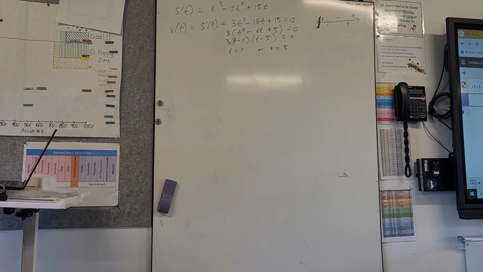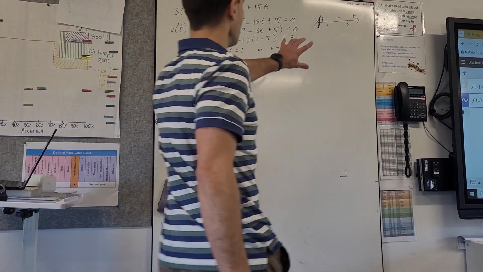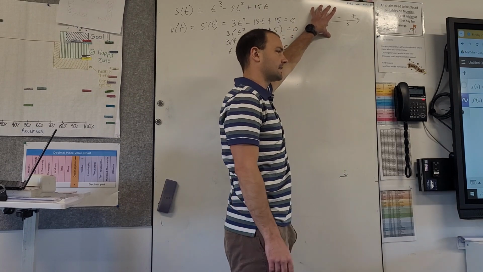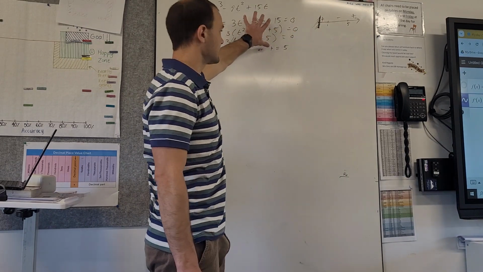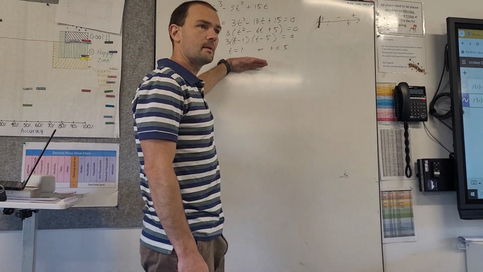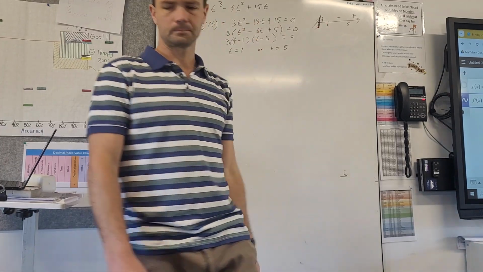Remember, you can use your calculator to graph f dash of x. Okay, you can use your calculator to graph the derivative. And if we look at the graph of the derivative, we can see it has a root at 1 and a root at 5, and it goes from above to below to above. So we can get all of that straight off our calculator. That's absolutely fine. Here's the technique that we learned last semester to establish that.